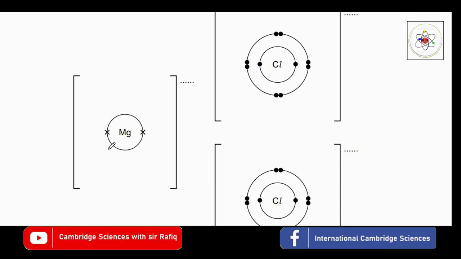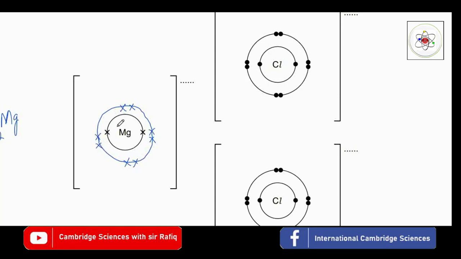There are 2 electrons in the first shell, and you know that a magnesium atom has 12 electrons in total, right? So 2, and in the second shell it will have 8 electrons, and in the third shell it has 2 electrons.